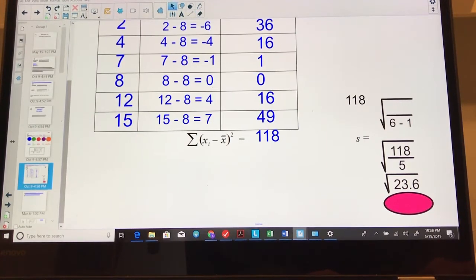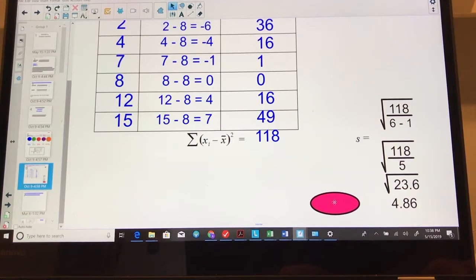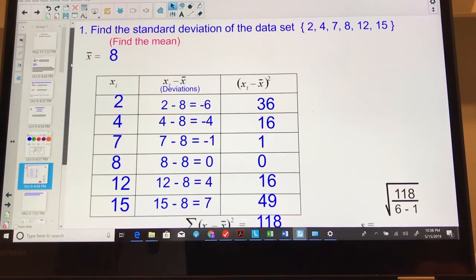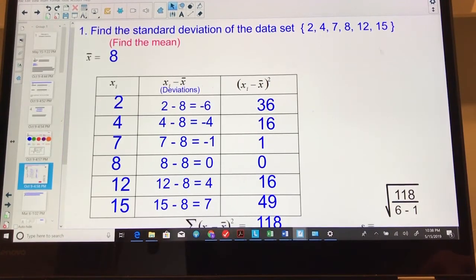We end up having 118 divided by 6 minus 1 because we had 6 pieces of data minus 1, so that's 118 divided by 5. So the square root of 23.6, and we get a standard deviation of 4.86. So what does that mean? That means that the average distance away from the mean here of 8 is 4.86.